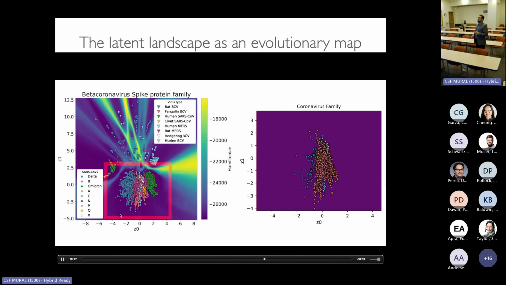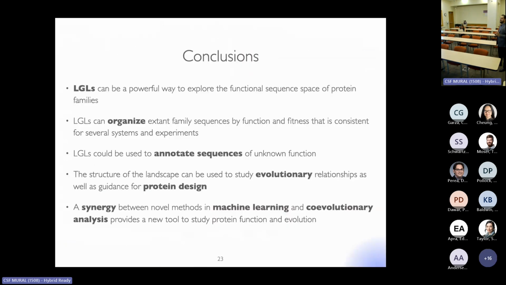First to the left, where the Delta variant gets popular, and then all the way to the right, you have the Omicron variant. So even though they're all very similar, they still have these slightly different properties that are reflected in the landscape.